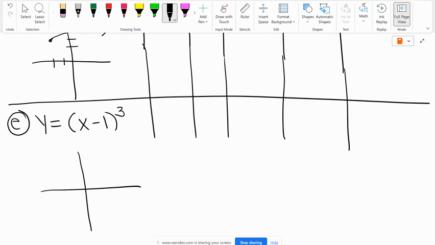This is a disco dancer, Nico. Good job. So this is a disco dancer that has been shifted where? Anybody? Meg? To the right one. You got it. So here's my disco dancer that's been shifted to the right one. So it looks something like that.